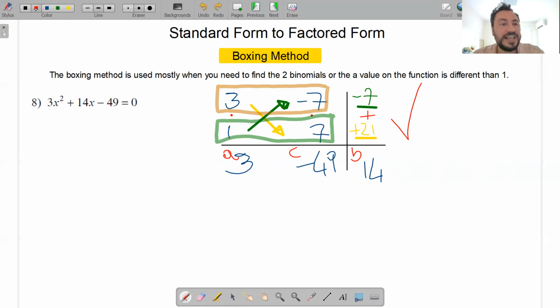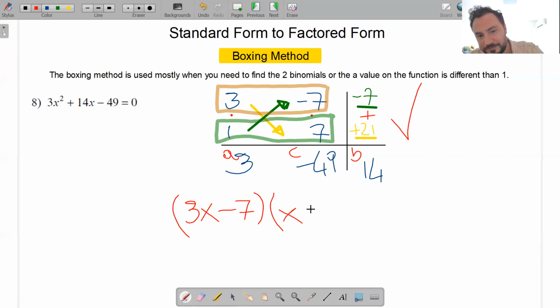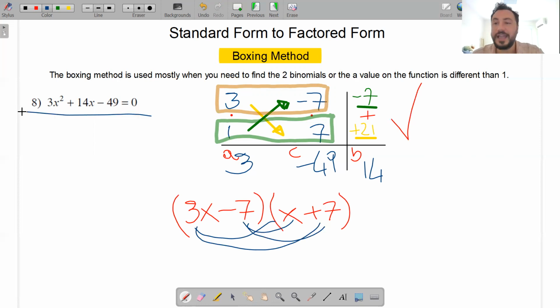So my final answer for this trinomial in the binomial form with the boxing method is 3x minus 7, then multiply x plus 7. If you want to prove it, you do the distribution with the method that we learned, which is the FOIL method, and you'll see that your final answer will be again this trinomial.